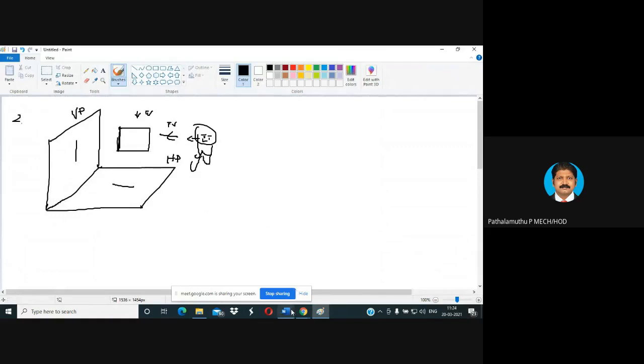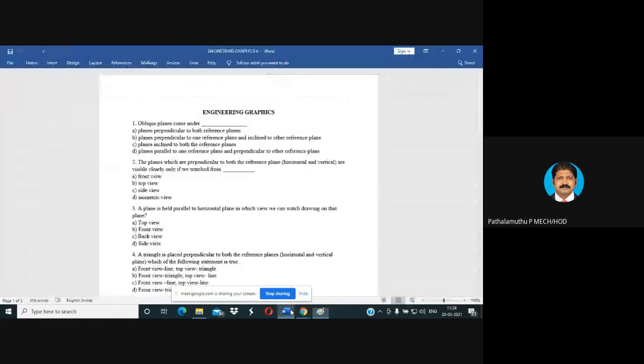Third question. A plane is held parallel to the horizontal plane. In which view can we watch the drawing on that plane? Draw the first quadrant.